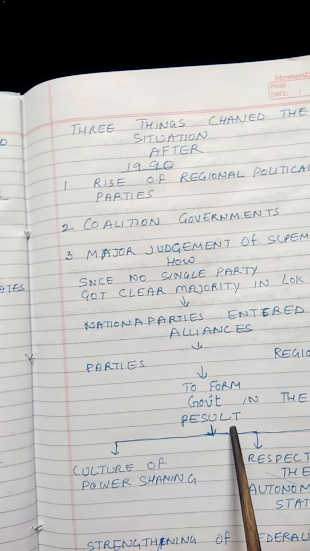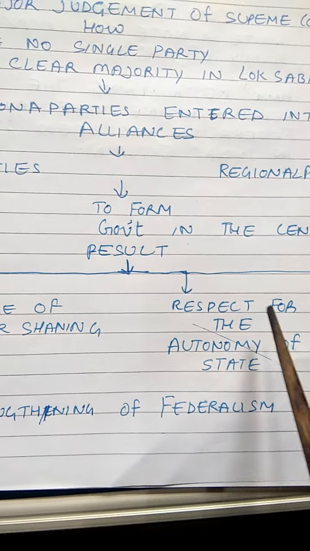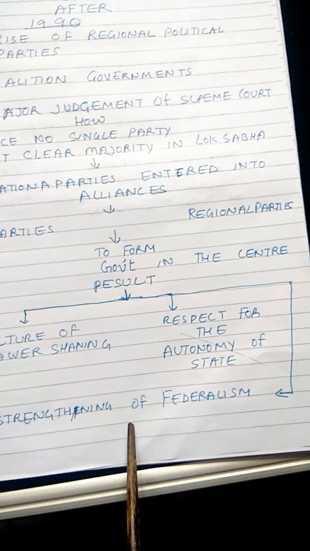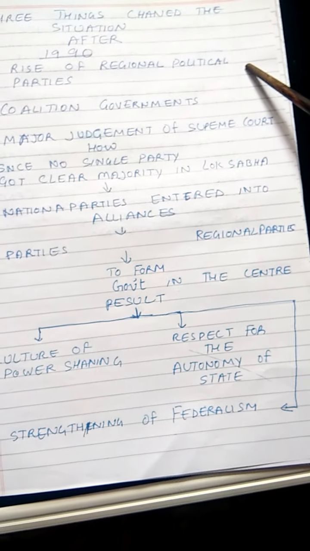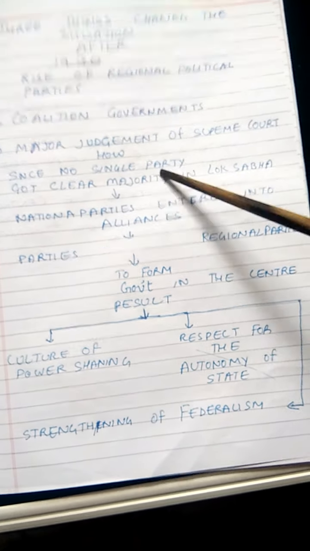As a result, they developed a culture of power sharing and a culture of respect for the autonomy of states, and hence this strengthened federalism. That means the rise of regional political parties and the trend of coalition governments resulted in strengthening of federalism.